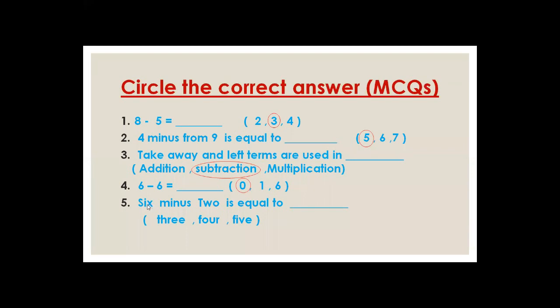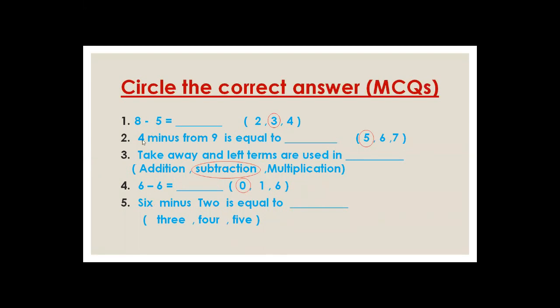Okay, the next one is 6 minus 2 is equal to. Again, we have this problem through a sentence. The first number is 6. 6 minus 2 is equal to.